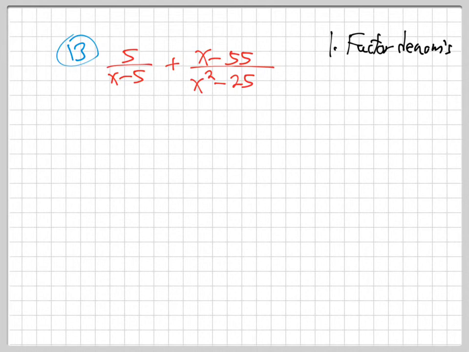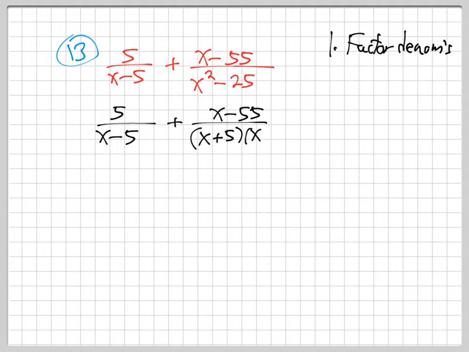So I'll do that. So this is X plus 5, X minus 5, right? So far, so good? Yeah. So I factor that denominator. That's step 1. Step 2, what is step 2? I hope you're writing these down. A lot of math is having written steps that you follow.